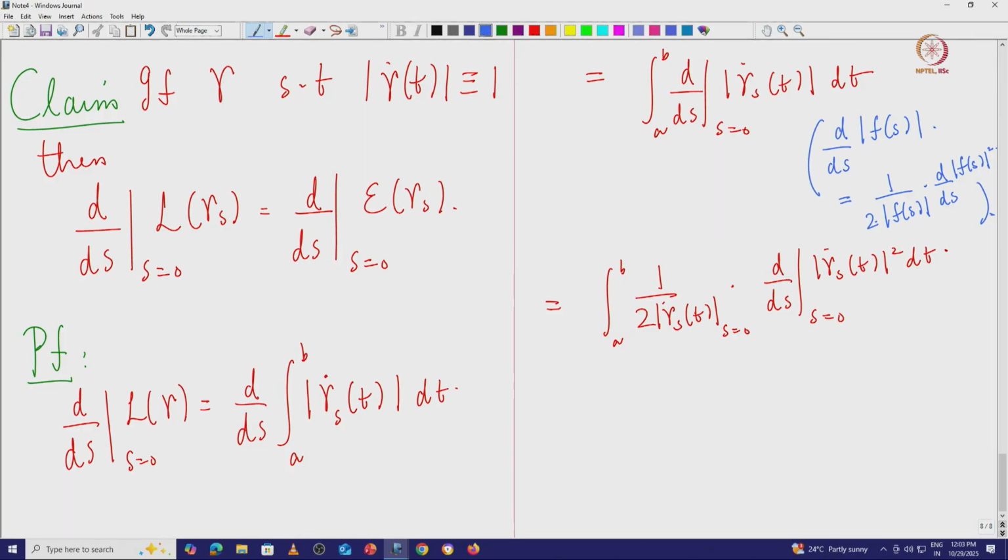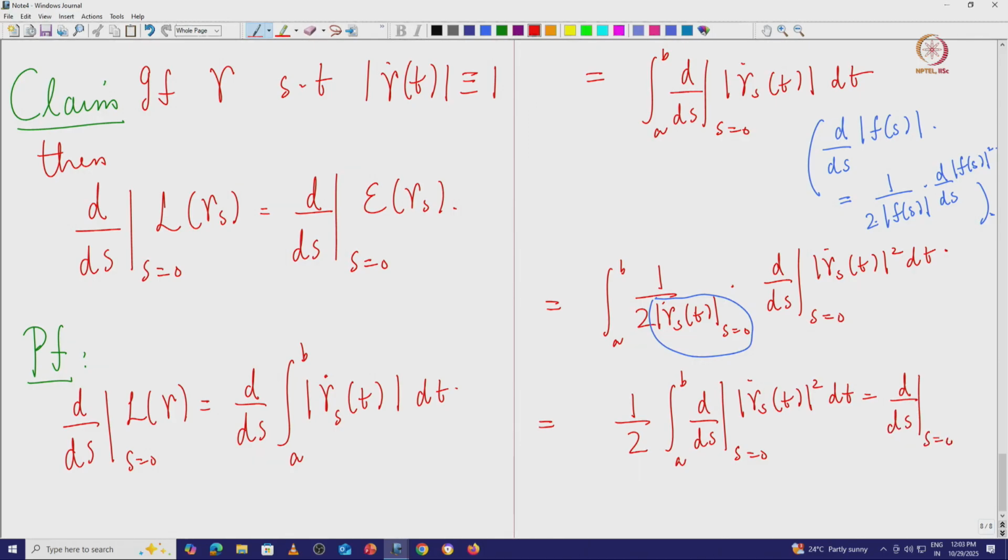But now this term right here, because we are assuming unit speed, this is just 1. So, this is precisely half d by ds at s equals 0 of the speed squared, but that was of course just the energy functional, okay. So, that completes the proof of the claim.